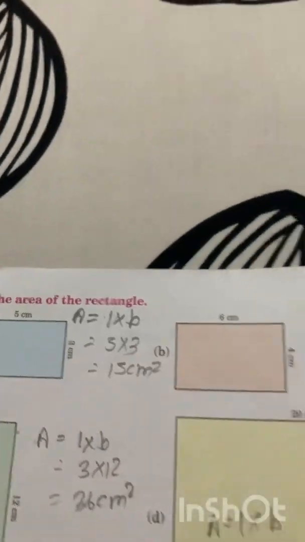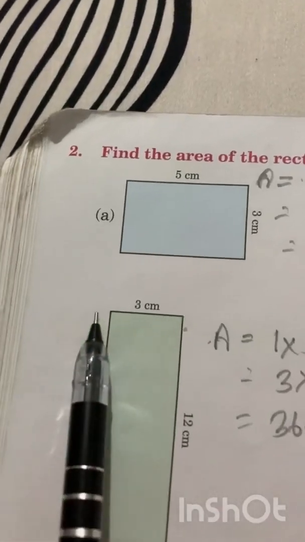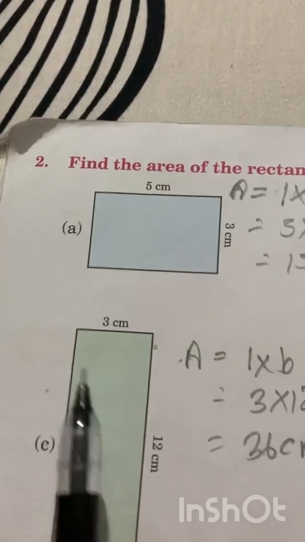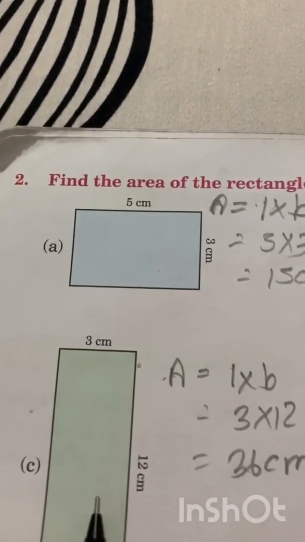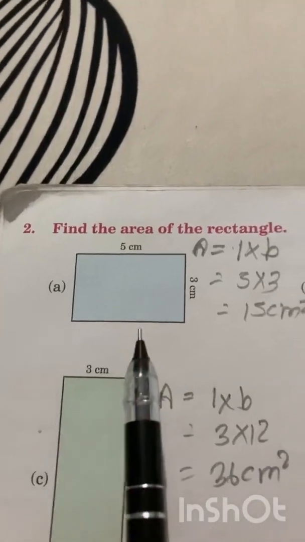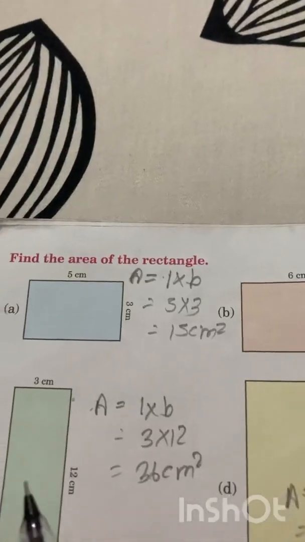In this way you have to solve all. Now come to the next question. Question C. Length is 3 centimeter and breadth is 12. So 3 into 12 is 36 centimeter square is our answer. So in this way you have to solve all questions A, B, C, D.